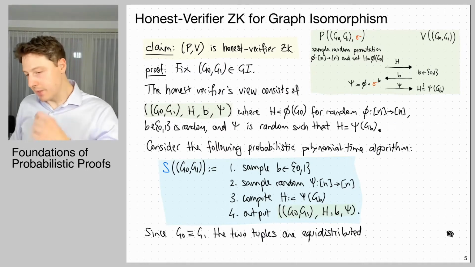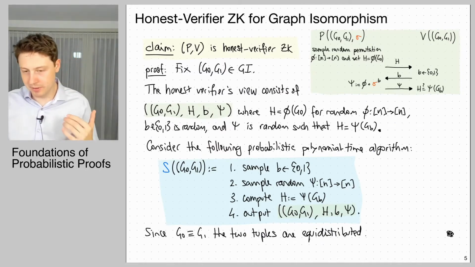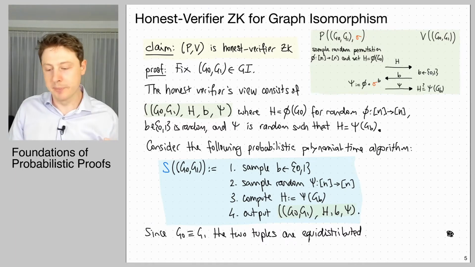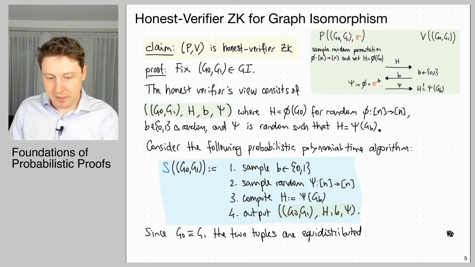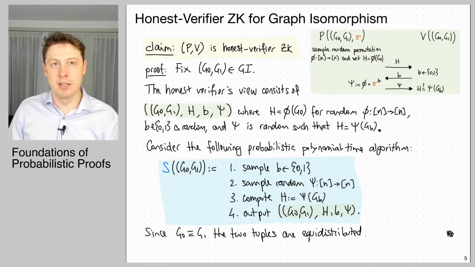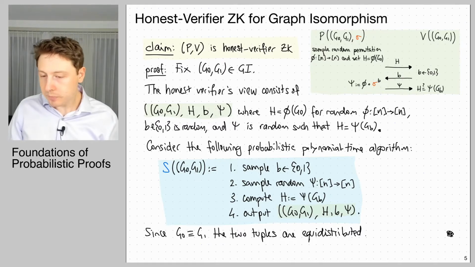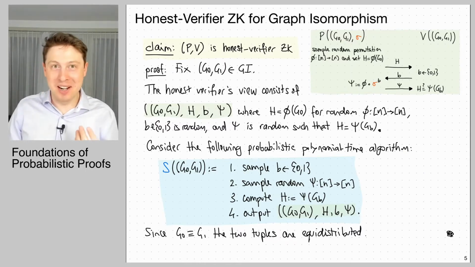Now, there's something important to think about offline. Some people, when they see this first simulator, think it's cheating, that it samples things out of order. But remember that it's literally the same random variable, right?